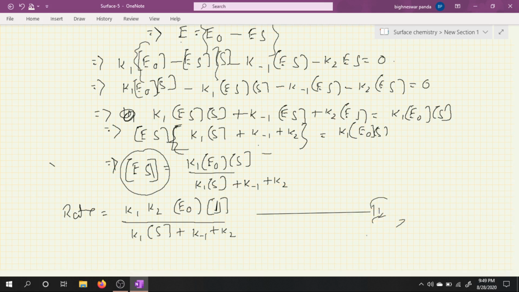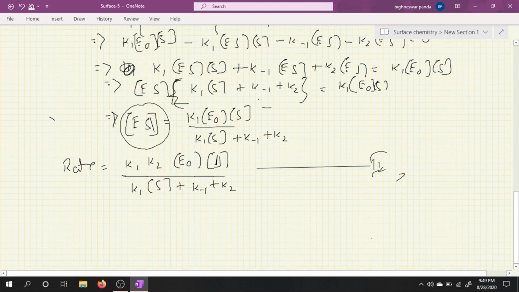And this equation can be simplified if I divide the numerator and denominator by K1. Then the rate will be equal to K2 E naught S divided by (K minus 1 plus K2) divided by K1 plus K1 S divided by K1.